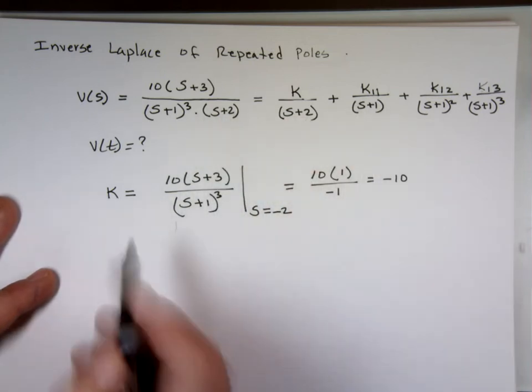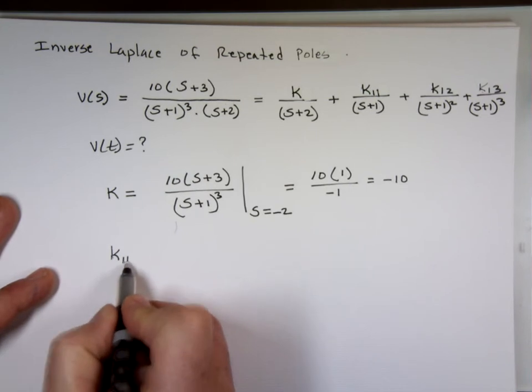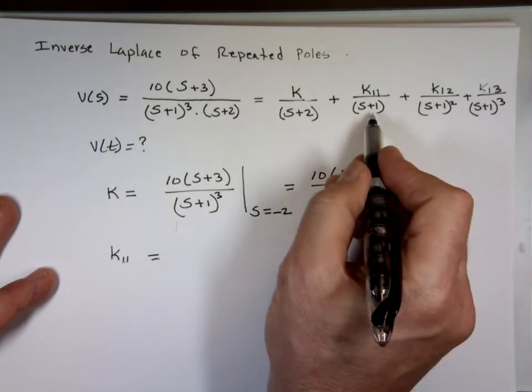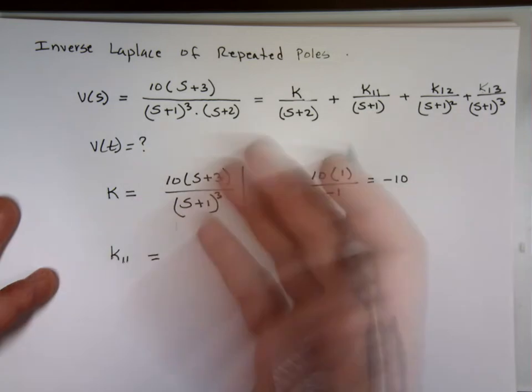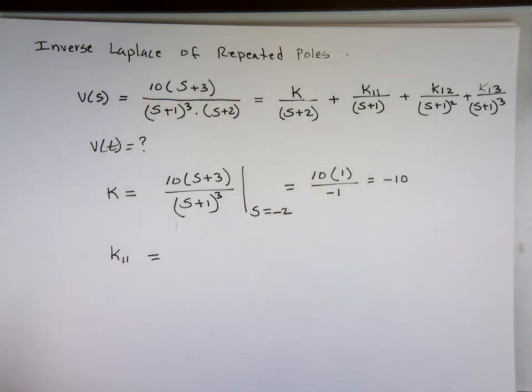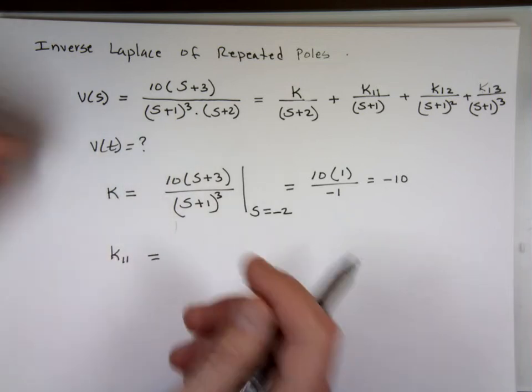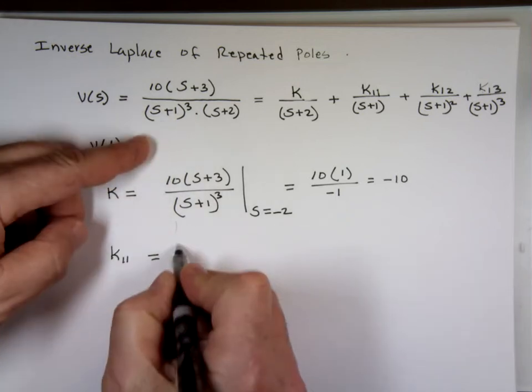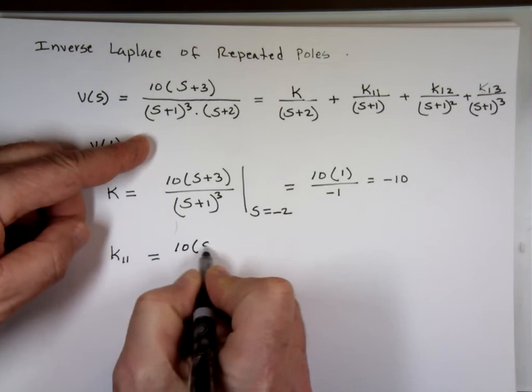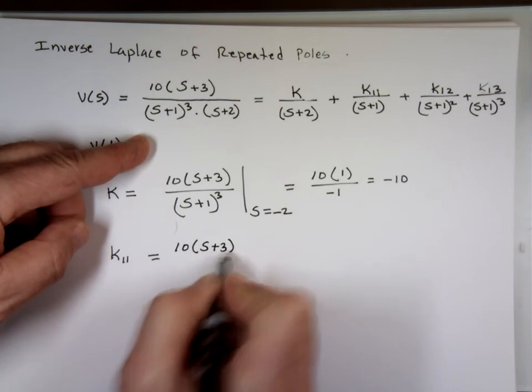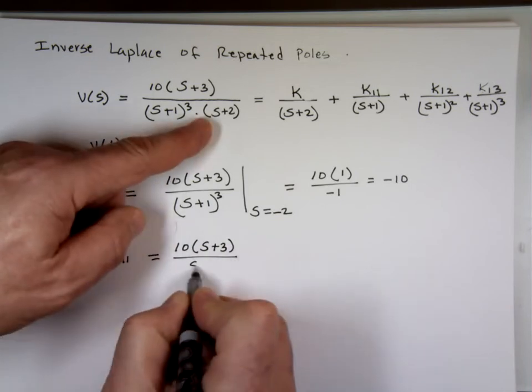Now K11, notice that's sitting on top of S plus 1. That means you've got to take all of S plus 1 out. So what's left then, if you take S plus 1 out of the picture? 10 times S plus 3 over S plus 2.